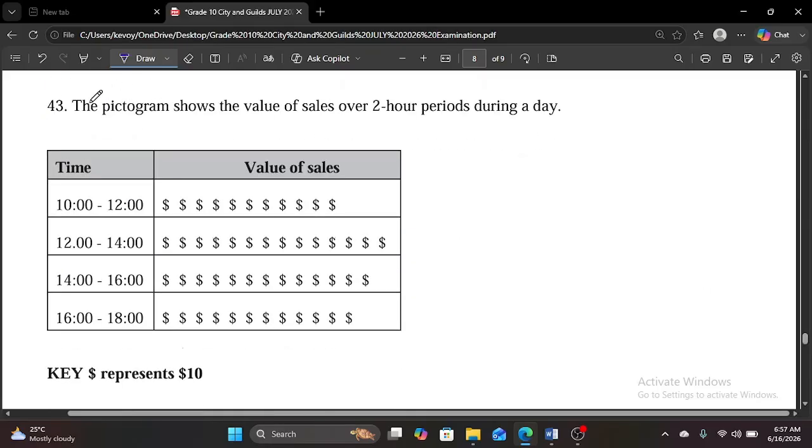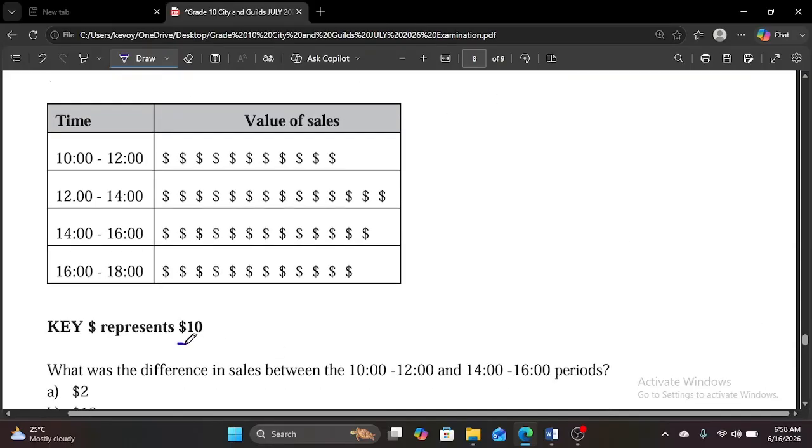So 43. The pictogram shows the value of sales over 2-hour periods during a day. Each dollar sign that you see right there represents $10.